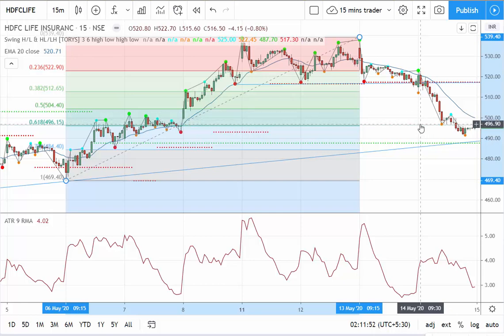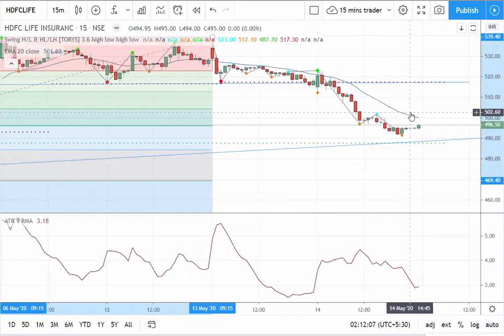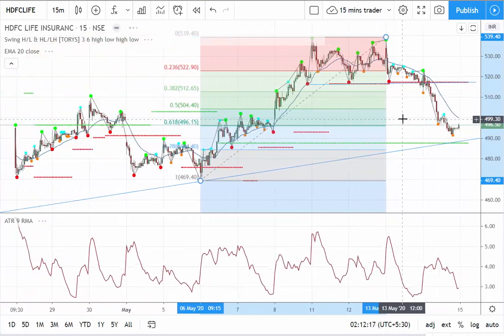So that would have been the optimum target for everyone. And we could have kept stop loss at 504 and even shorted a third lot over here. So first lot from 515, second lot from 510. I booked profits at 503.